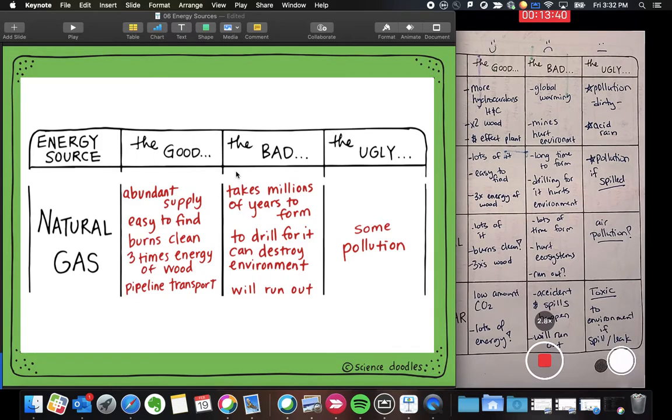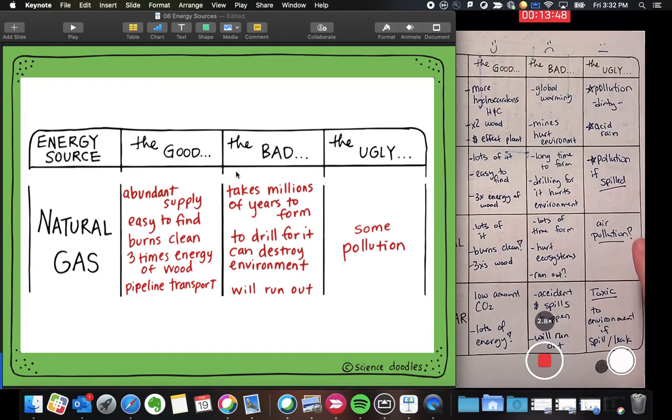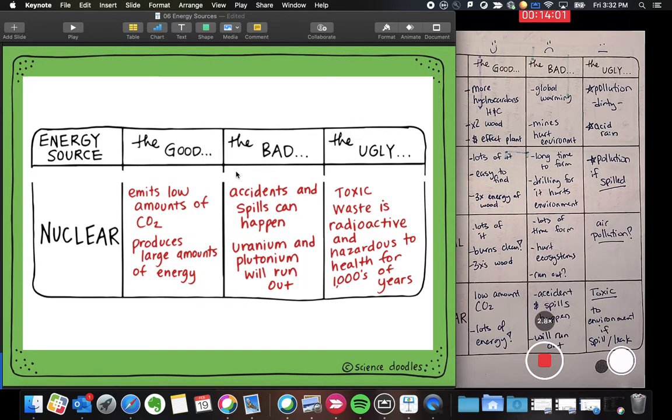It can hurt the ecosystem trying to get it out, and then eventually it's going to run out. And then the ugly part is there is some pollution. So on mine I wrote air pollution, so changing it from the gas that we pull out of the ground to the gas that you would use in your house is where the pollution comes in. And then the last part on there is the nuclear power.